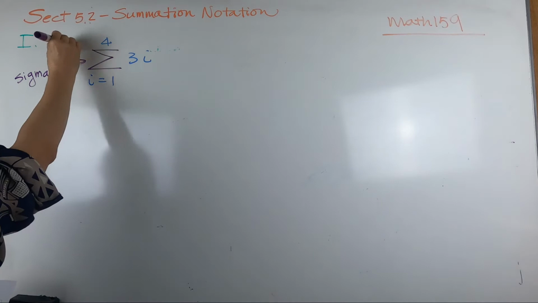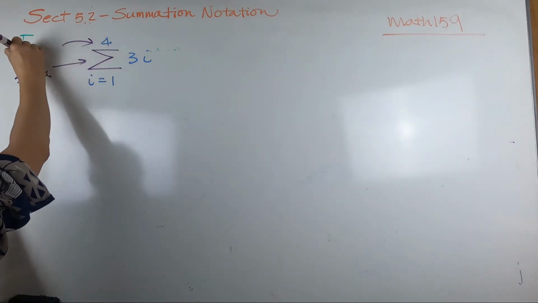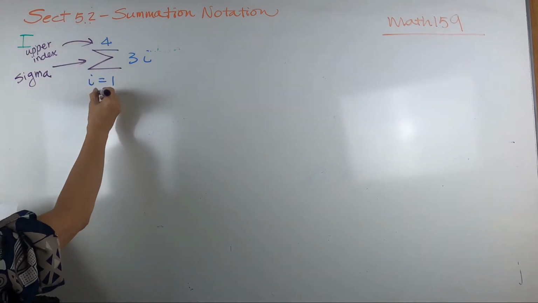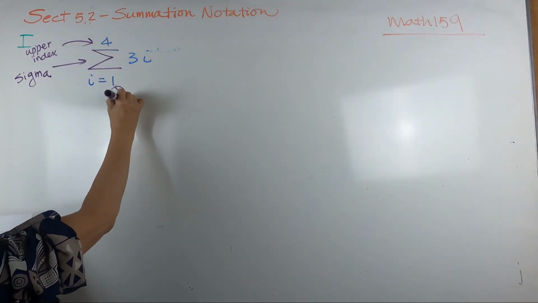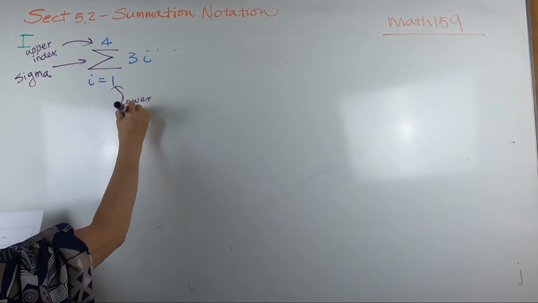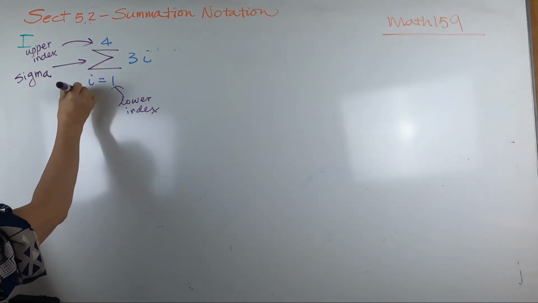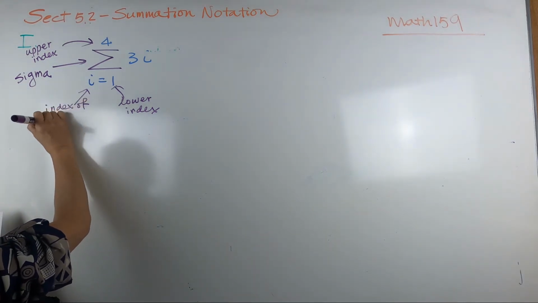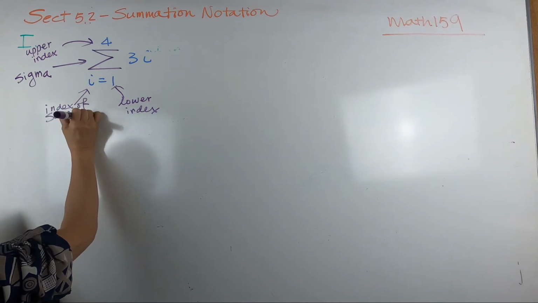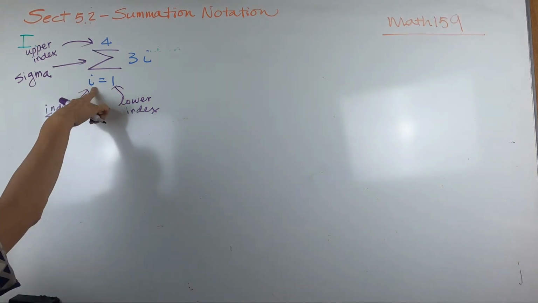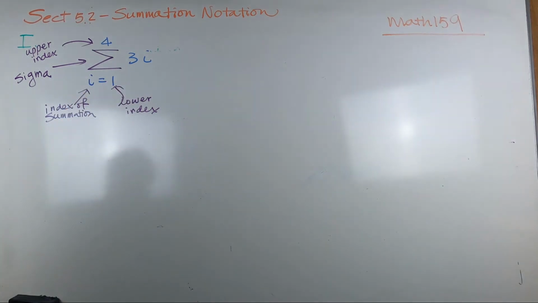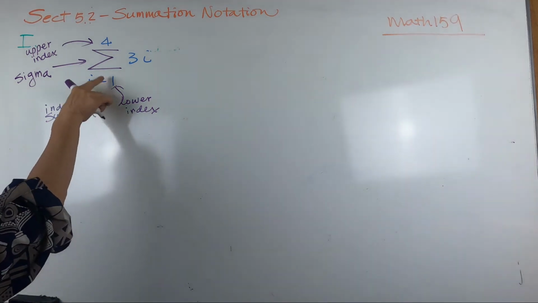The top one is called the upper index, and the lower one is the lower index. The i is called the index of the summation. We might use j, then inside is j, and if I use i, inside is i. So you start from 1 to 4.